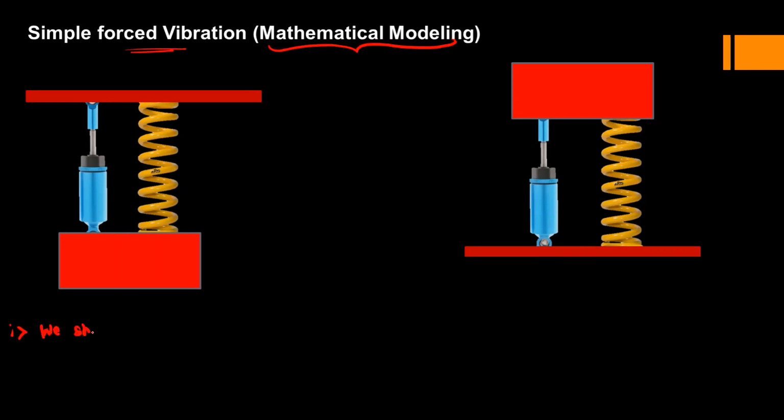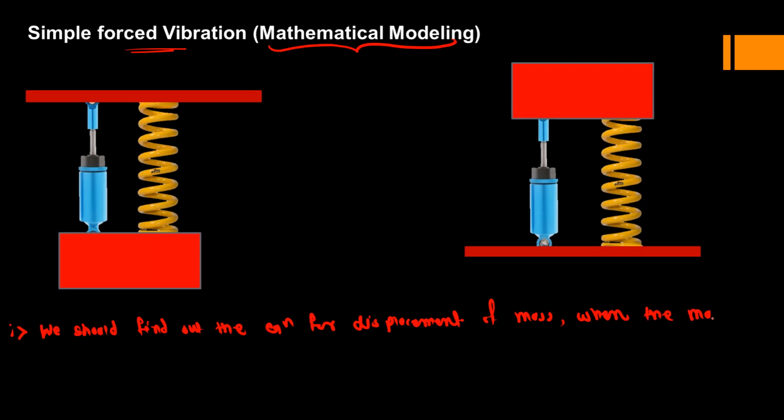So we should find out the equation for the displacement of the mass when the mass is excited by a continuous force, which is F. Okay, that means if you supply a continuous force F on the mass of a vibratory system, then what is the effect of that force on the displacement?